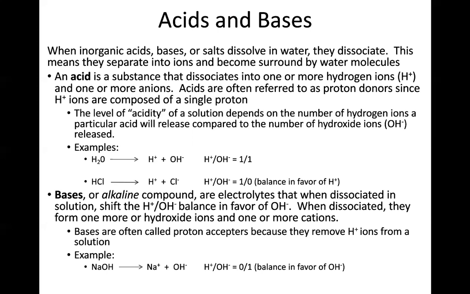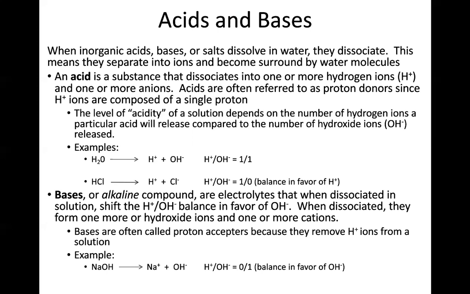If we're dealing with a base, which is the opposite of an acid, this time we dissociate the ions, and what's taking place is the ratio is in favor of the hydroxide, OH minus. Another term for a base is an alkaline. So when they dissociate, they form 1 or more hydroxide ions and 1 or more cations.